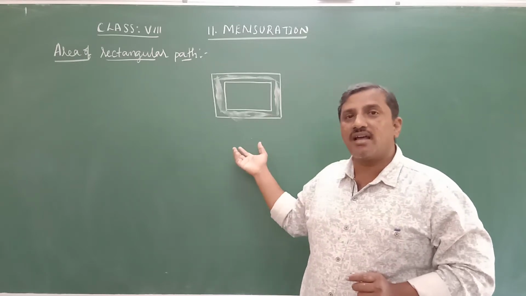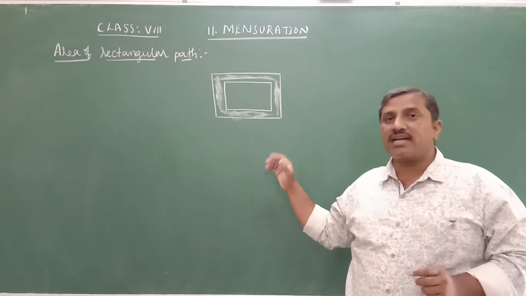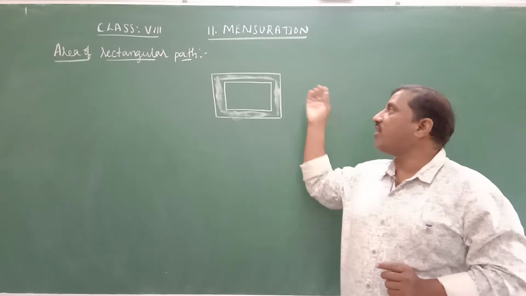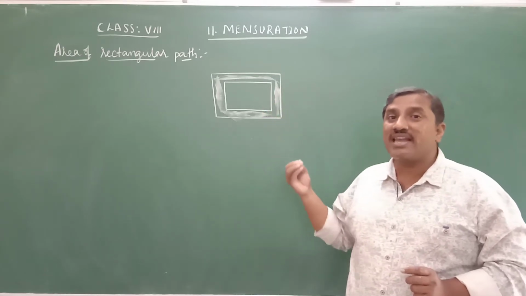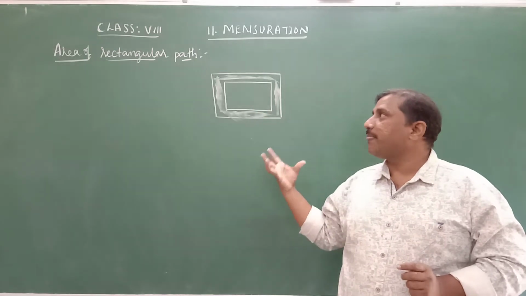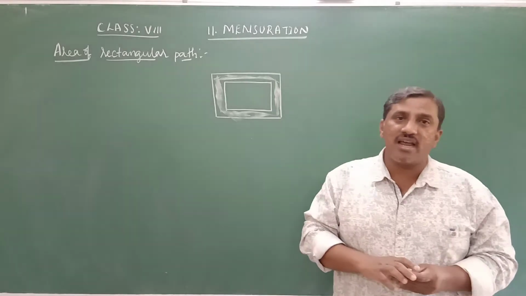If it is a circular path, it is the area of the outer circle minus the area of the inner circle. If it is a square, the area of the outer square minus the area of the inner square. So square and rectangle are the same. We will first discuss the area of the rectangular path.